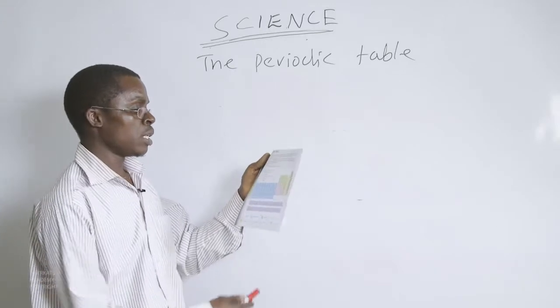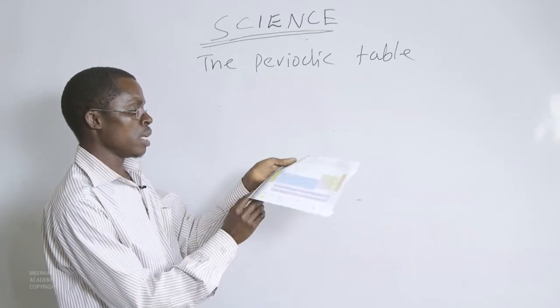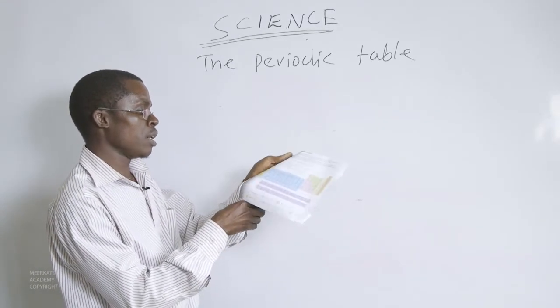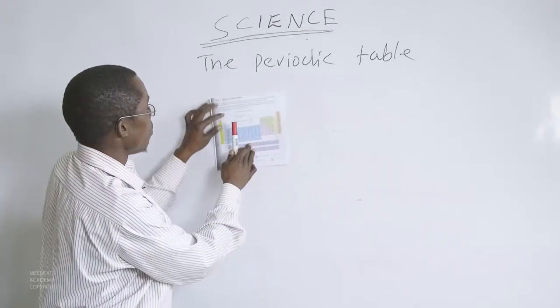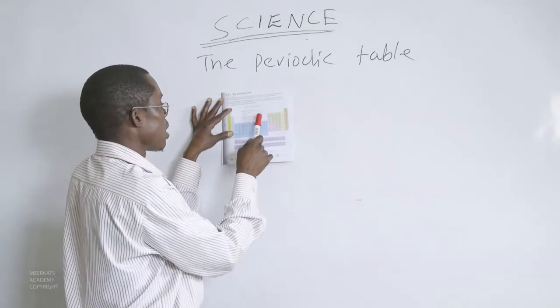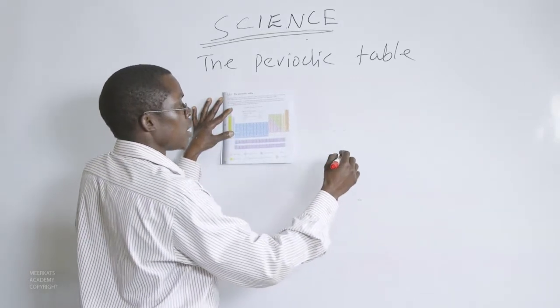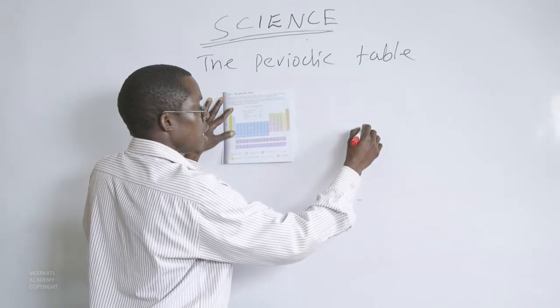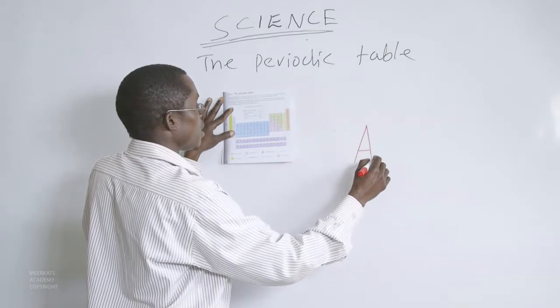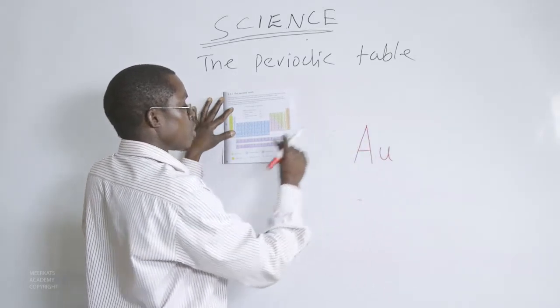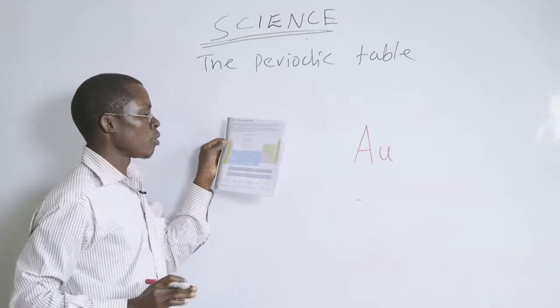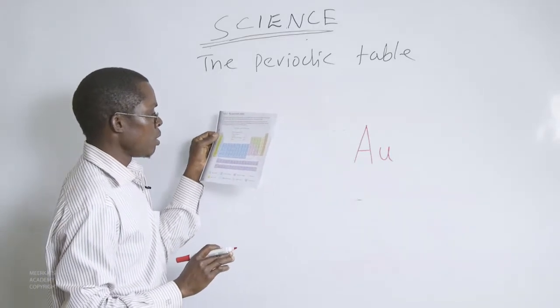So just taking the key as it has been indicated up here, an example, they are picking on gold. Gold is written as capital letter A, small letter U. So this is the chemical symbol for gold.